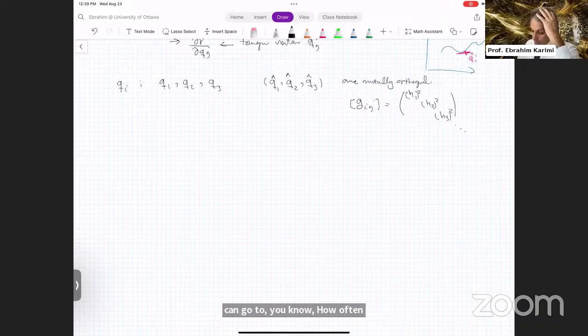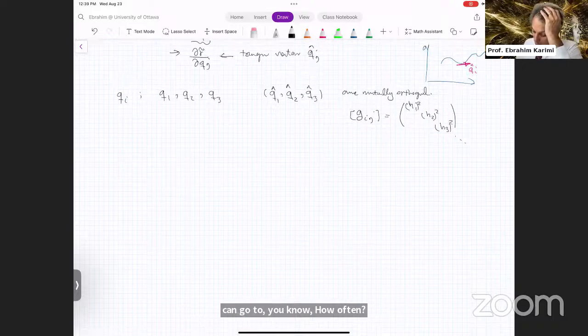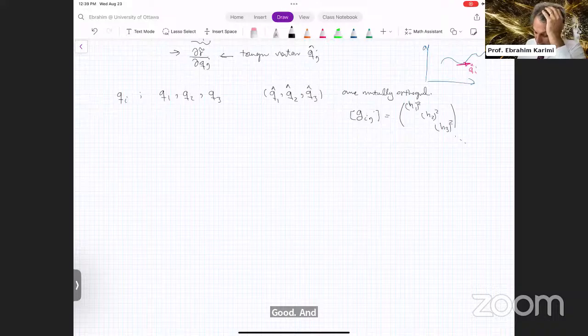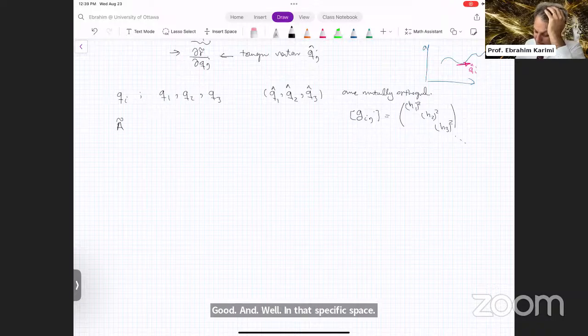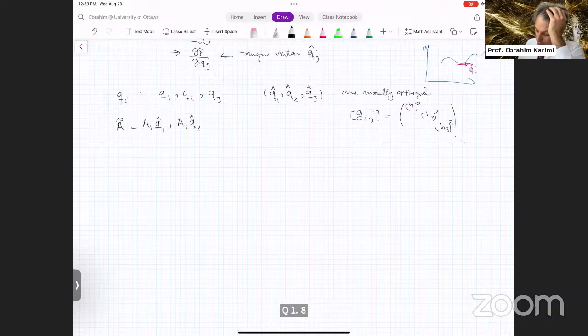Good. In that specific space, any vector that you give me, A, can be written as A1 Q1, A2 Q2, A3 Q3.